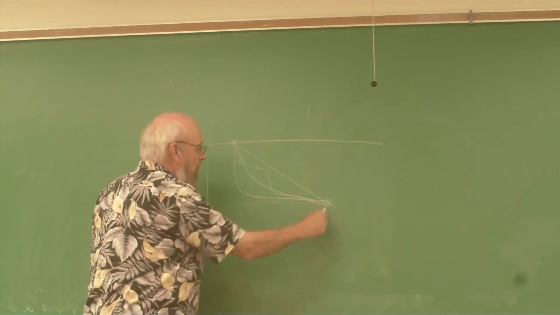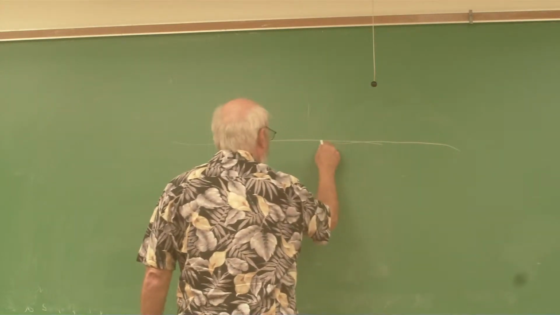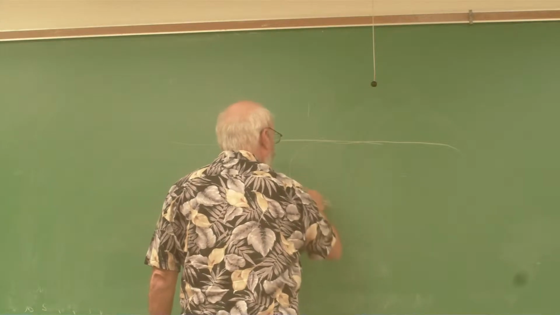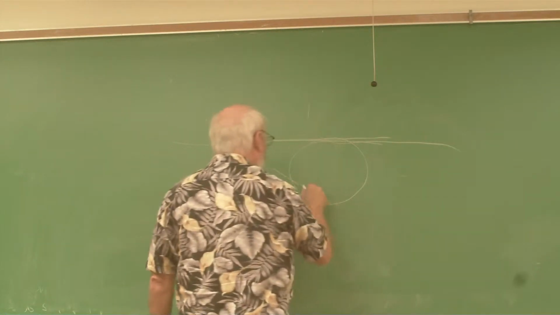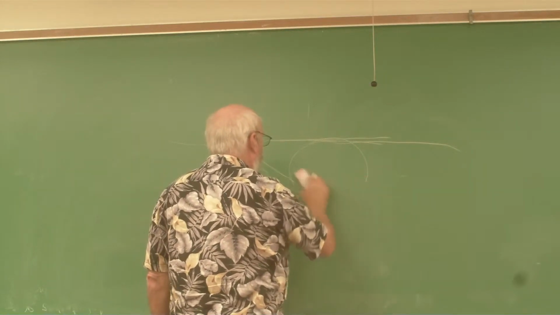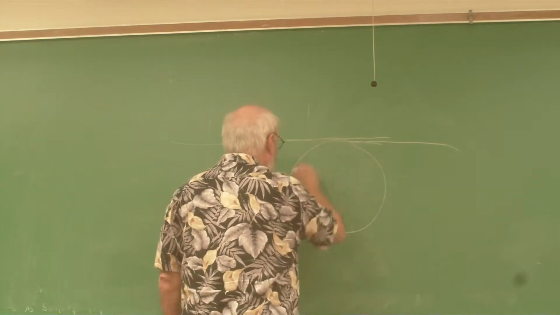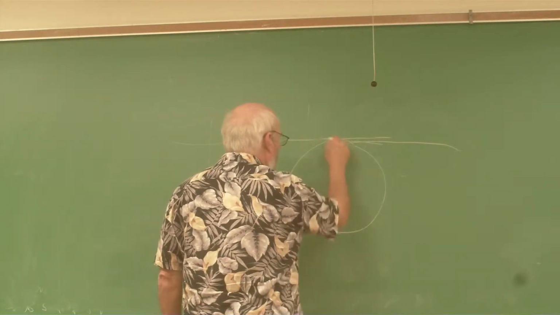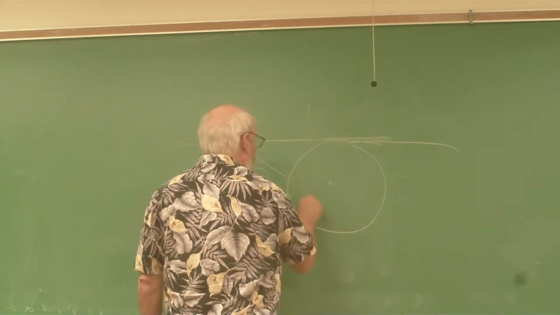So the true solution turns out to be, and you guys all know what cycloids are, don't you? Cycloids are wheels rolling, or a point rolling on a wheel. The wheel can be bigger than this, rolling on here, and the point might be here.